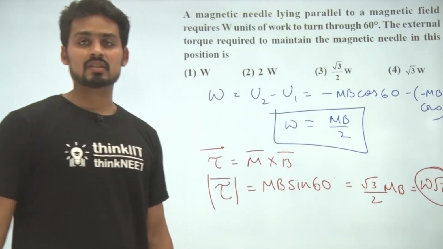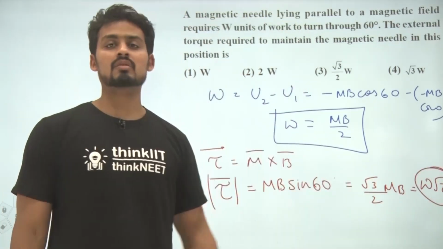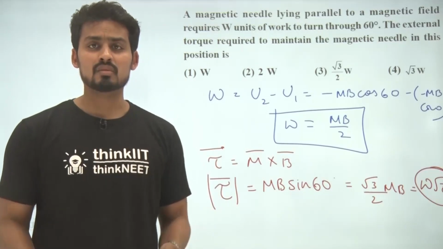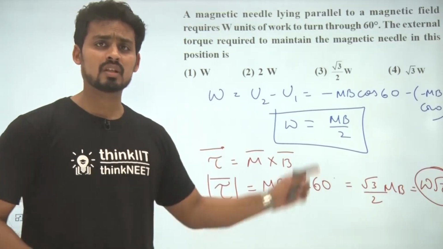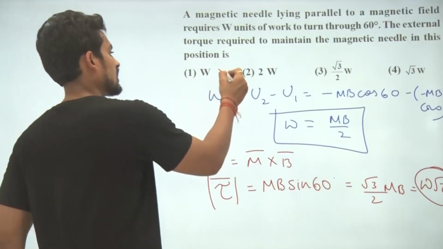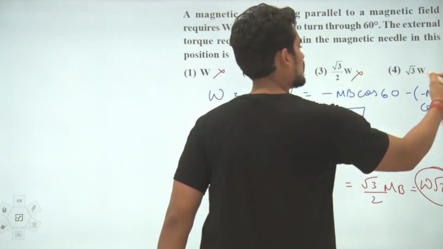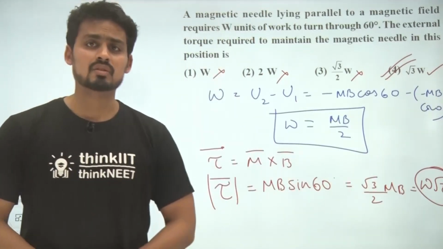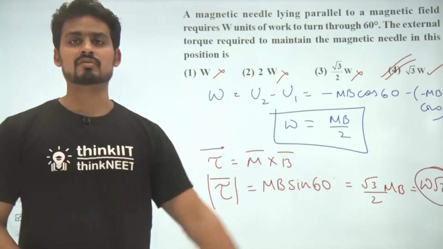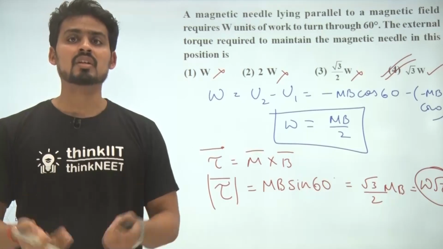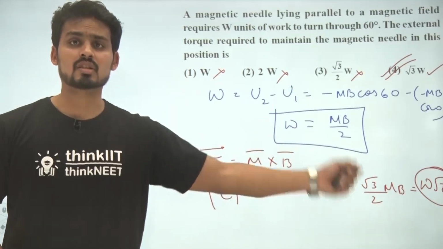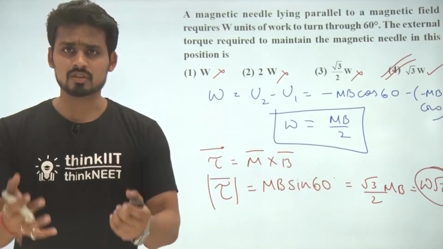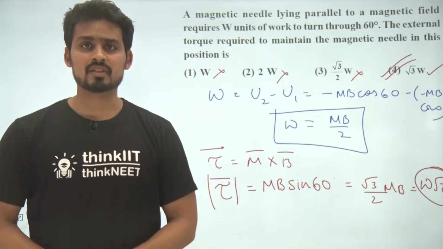Let us match this with the options: the first is wrong, the second is wrong, the third is wrong, and the fourth one is correct, hence the final answer is option 4. I hope each and every one of you has understood the question and the concept behind it. Thank you.